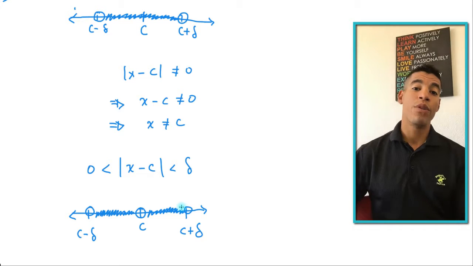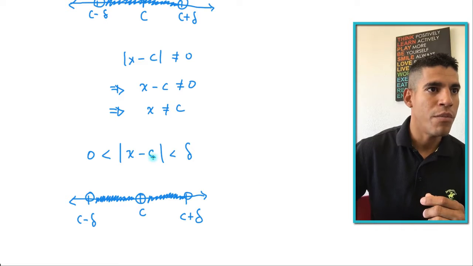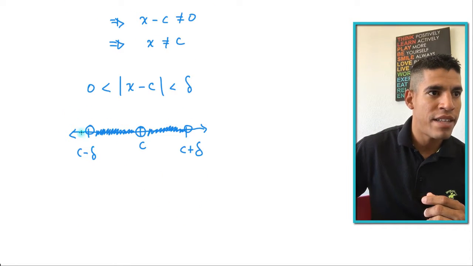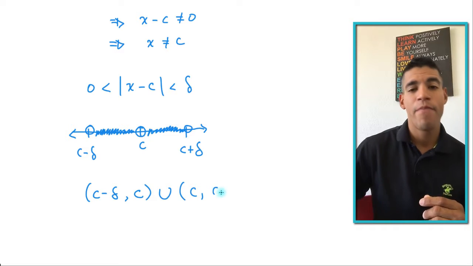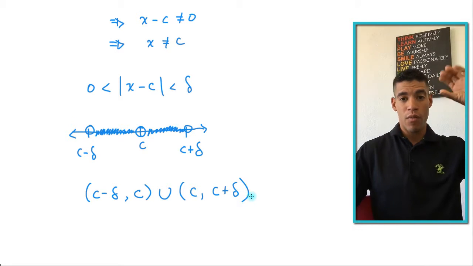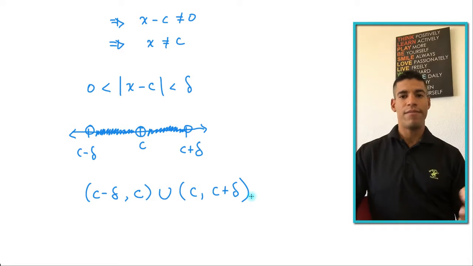So how would I write this in interval notation? Again, it will be open parenthesis c minus delta, comma, c, close parenthesis, union, open parenthesis c, comma, c plus delta. And boom, we've connected what it means with the graphical representation and the interval notation.